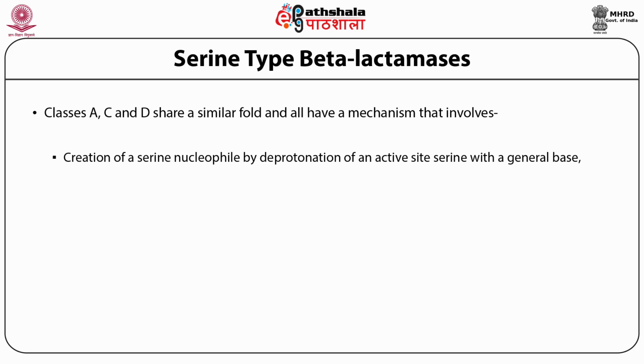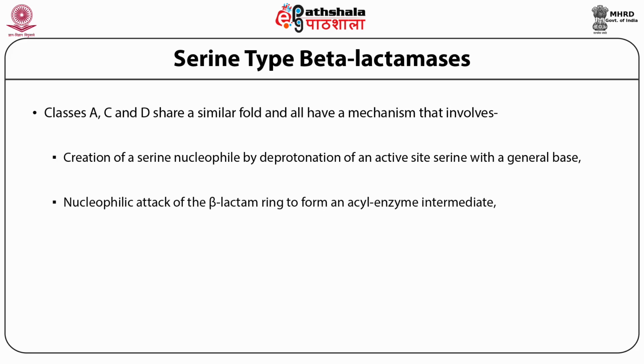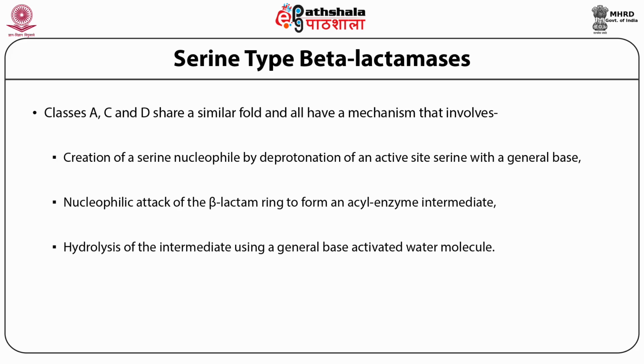Second, the nucleophilic attack on the beta-lactam ring to form an acyl-enzyme intermediate, and the third is the hydrolysis of the intermediate using a general-base-activated water molecule. They have three common elements, 1, 2, 3, in their active site. So if you see class A, class C and class D, they have similarity in mechanism as well as in the catalytic elements present in the active site.